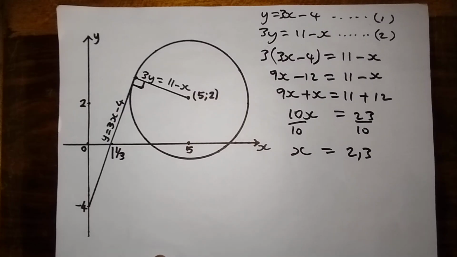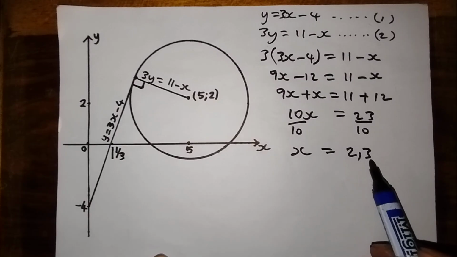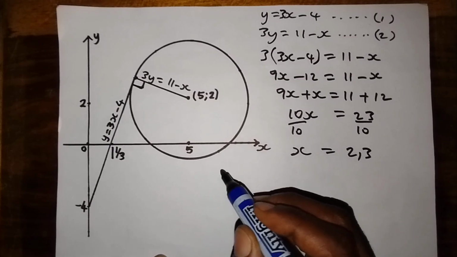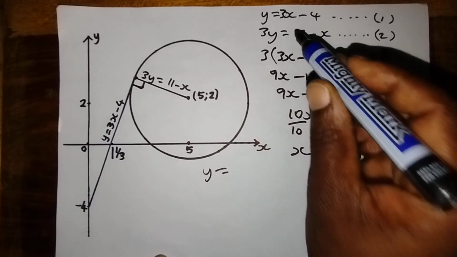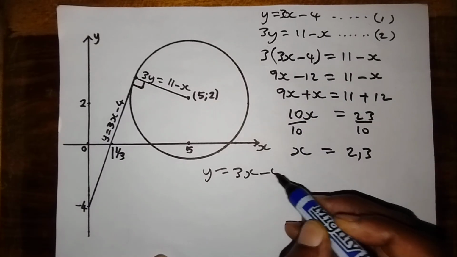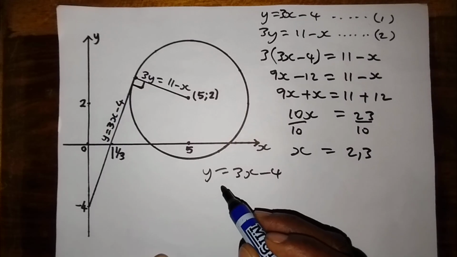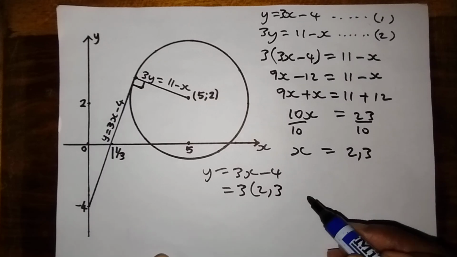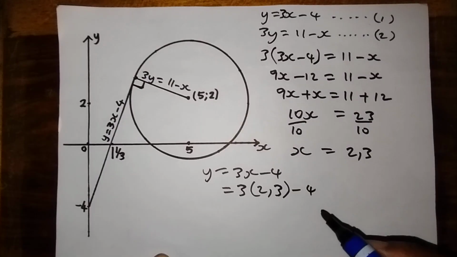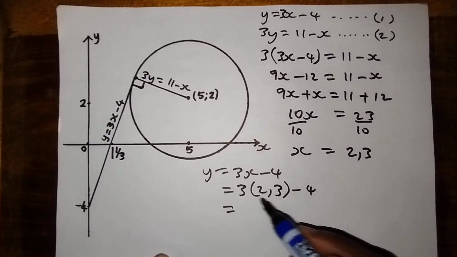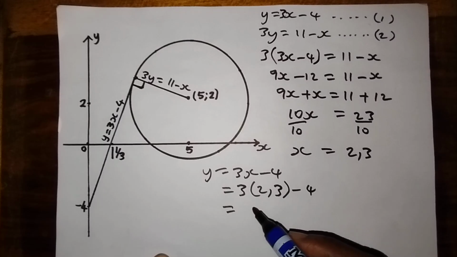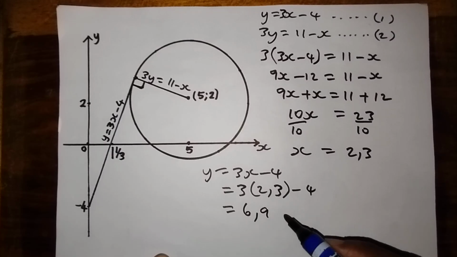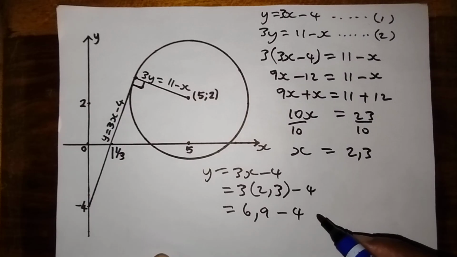Now I want to find the y coordinate. For me to find the y coordinate, I'm going to substitute 2.3 for x in the equation y equals 3x minus 4. So y equals 3 multiplied by 2.3 minus 4. 3 multiplied by 2.3 is 6.9, minus 4, you get 2.9.